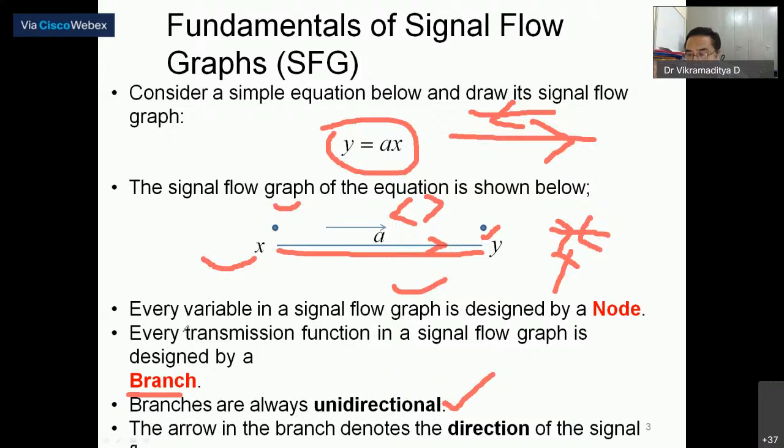In scientific terminology, I will say that the branch is in unidirectional form. The arrow in the branch denotes the direction of the signal. That I have already told you, that arrow indicates the direction of the signal. If it is moving from x to y, it means it is a forward direction. If it is moving the other way, it represents a backward or feedback form. So this is clear, I think.